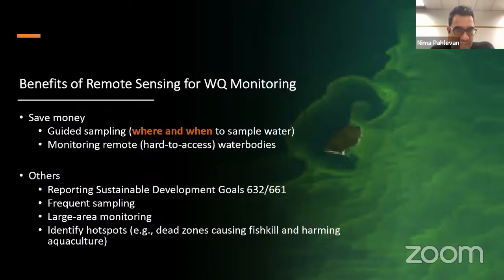You can use satellite-derived products to report on Sustainable Development Goal 6, in particular indicators 6.3.2 and 6.6.1. The observations are quite frequent compared to the field observations. Large area monitoring is enabled through satellite data, and you can identify hotspots from satellite images and focus your field measurements and sampling in those particular areas. Next.